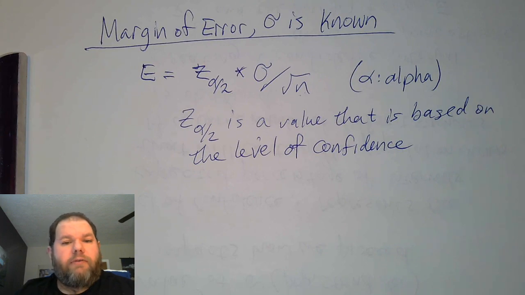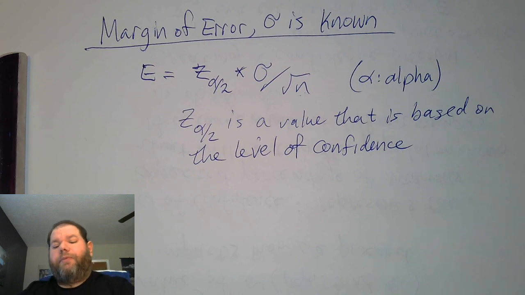So they'll tell us that we want to create a confidence interval with a 90% level of confidence, or we want to create a confidence interval with 95% level of confidence. That'll be provided to us in the question. And so we'll have that information. We just have to work on creating this z alpha over 2 value.